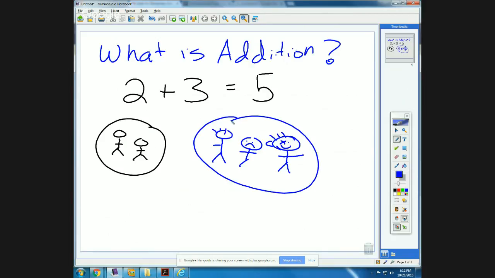So for me, in order to answer that question, I have to first think of a problem that I know about. And so 2 plus 3 is 5. I believe that to be true.